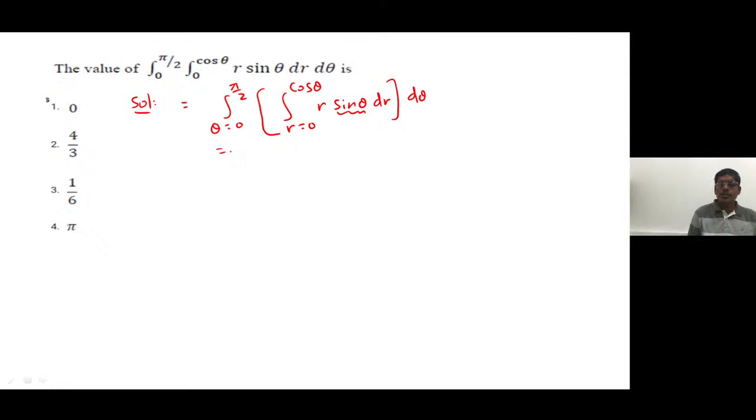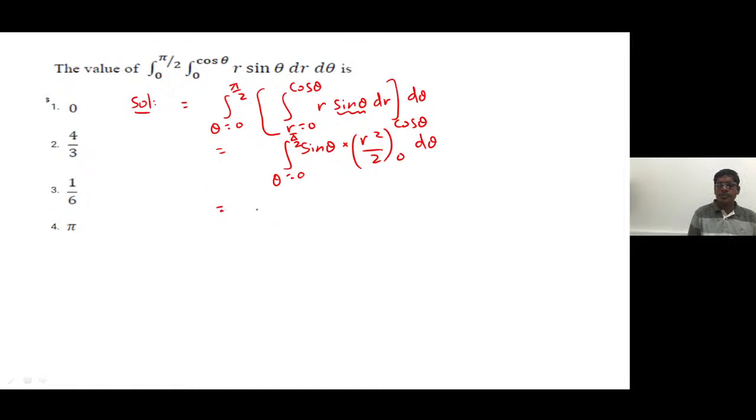So here sin theta, the multiplication constant, will come out easily. Integration with respect to r is r square by 2, between the limits, lower limit 0, upper limit cos theta. Finally integrating with respect to theta, between the limits theta 0 to pi by 2.